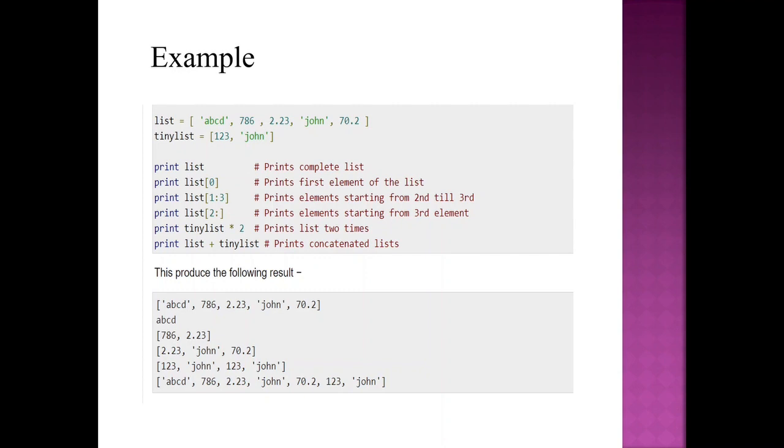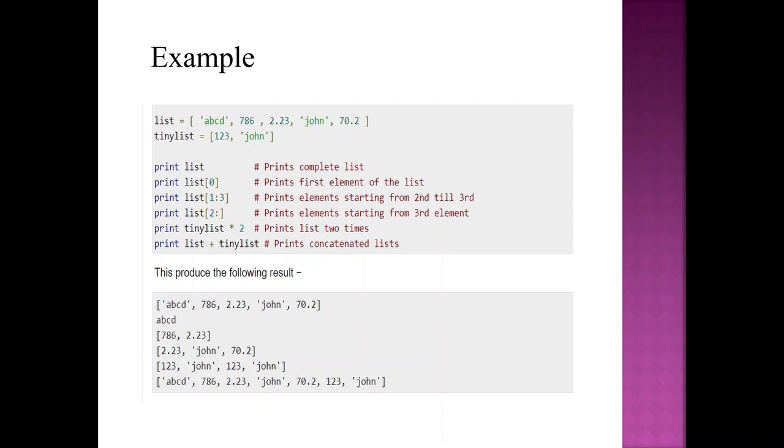Okay, this is the standard declaration for a list. List equal to, inside square brackets we have given 5 elements: ABCD, which is a string, 786, which is an integer, 2.23, which is a floating point variable, John, which is again a string, and 70.2, which is a float type variable.